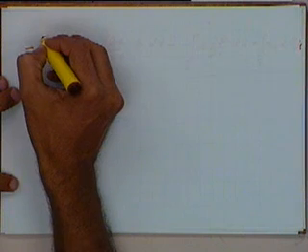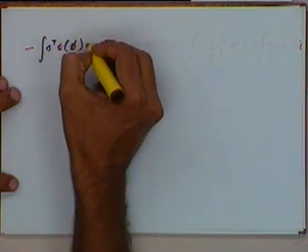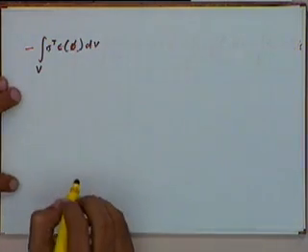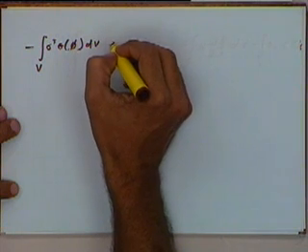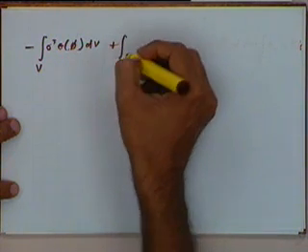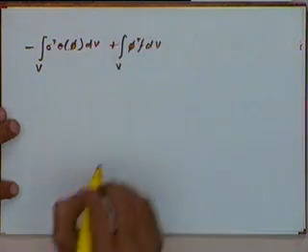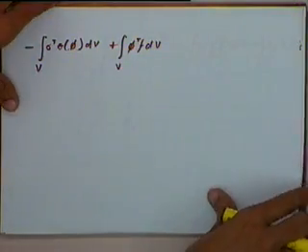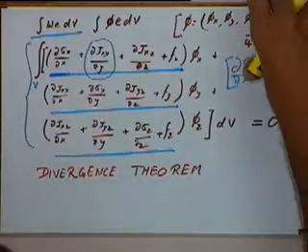What we will finally get will be an expression of this type: minus the volume integral of sigma transpose epsilon of phi dV, plus the volume integral of phi transpose f dV. This is the term that I just mentioned.